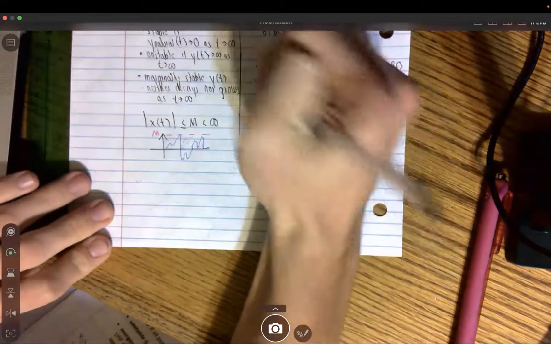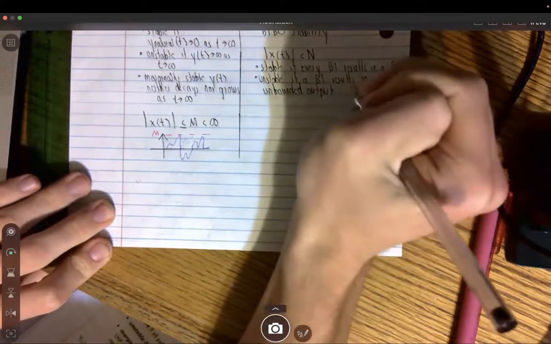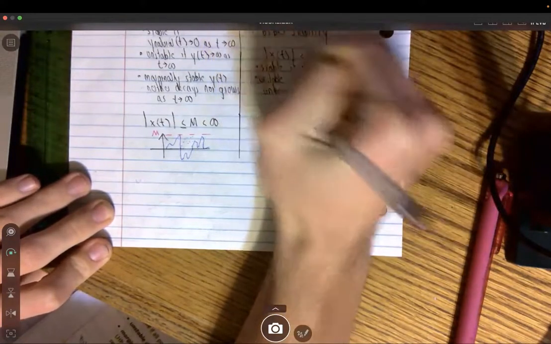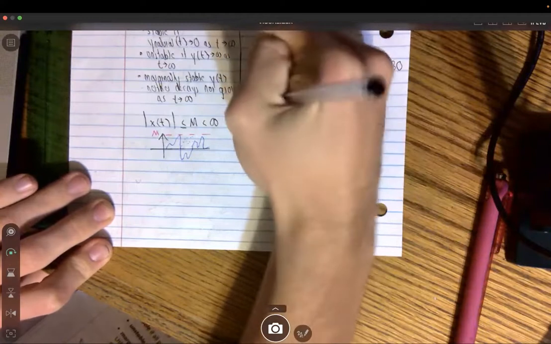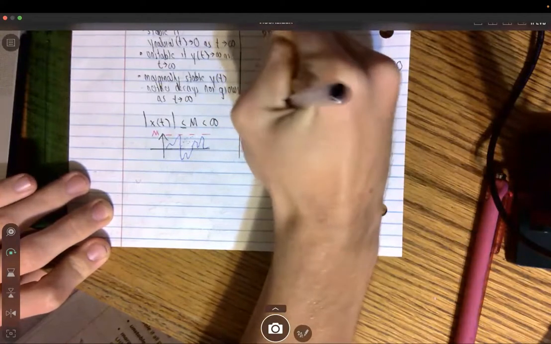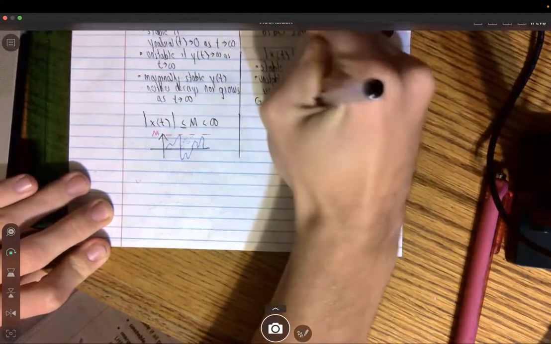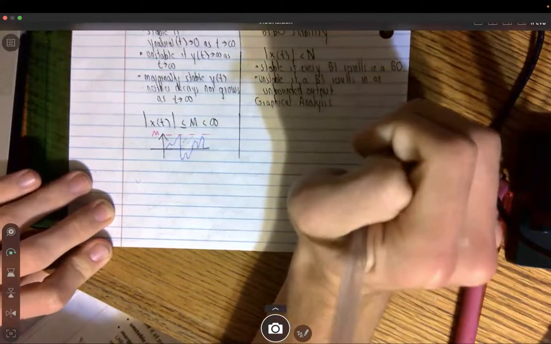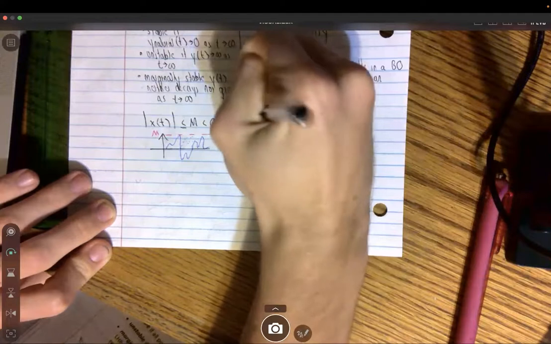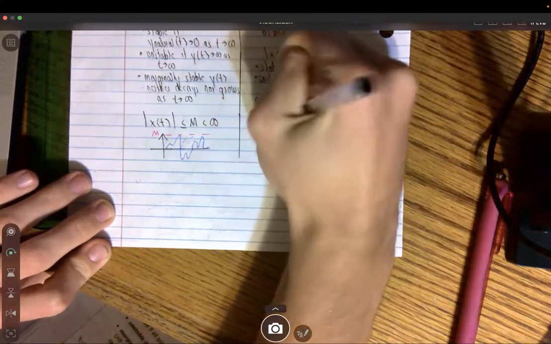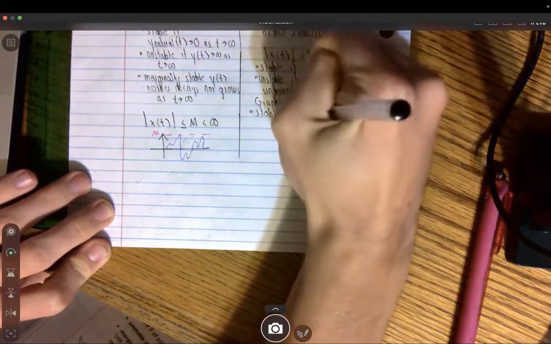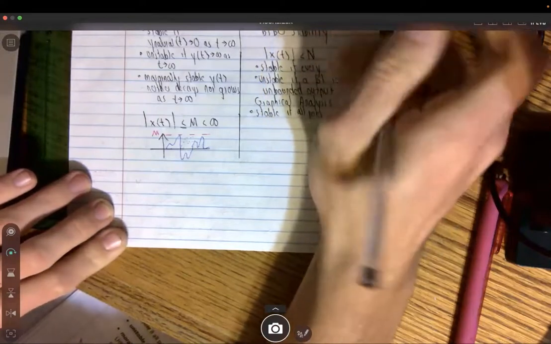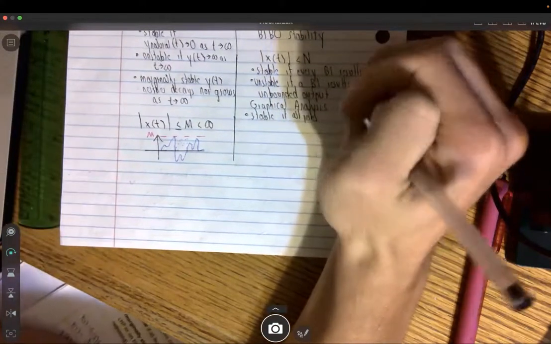So another definition for these is basically when we are looking at the graph. So this would be a graphical analysis of stability. When we deal with the bounded input, bounded output condition, it's stable if all poles of the closed loop system are in the left-hand plane.